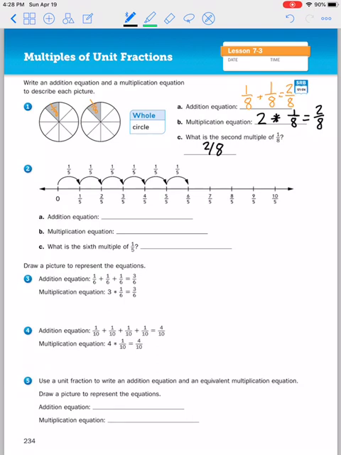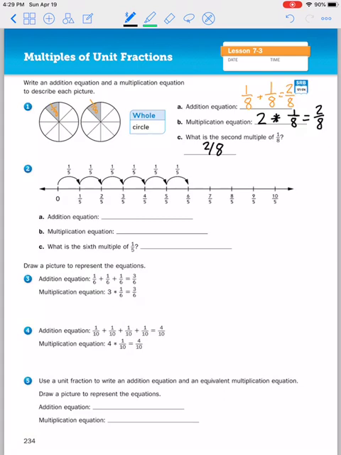Say they asked us for the third multiple of 1/8. It would be 3/8. The fourth would be 4/8, and you would keep going. Remember, the multiple is just the product of a number times that unit fraction when we're talking about multiples of unit fractions.